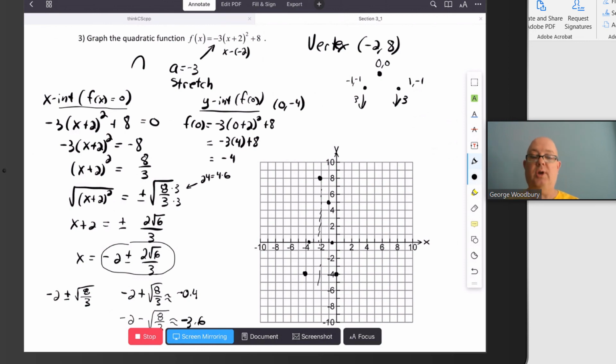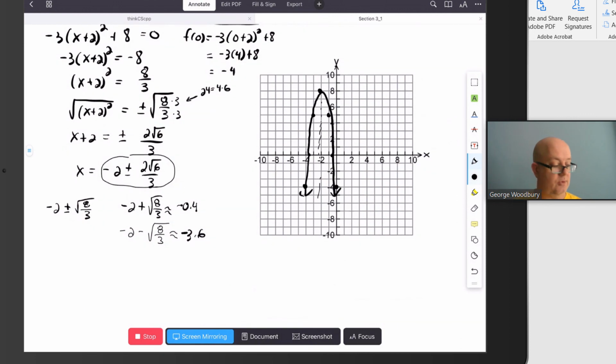Now we've got a lot of points that we can make this. I'm not sure why that point's not showing up. Presto. So we have a lot of points to connect the dots here with. Let's go ahead and draw that. Something like that.